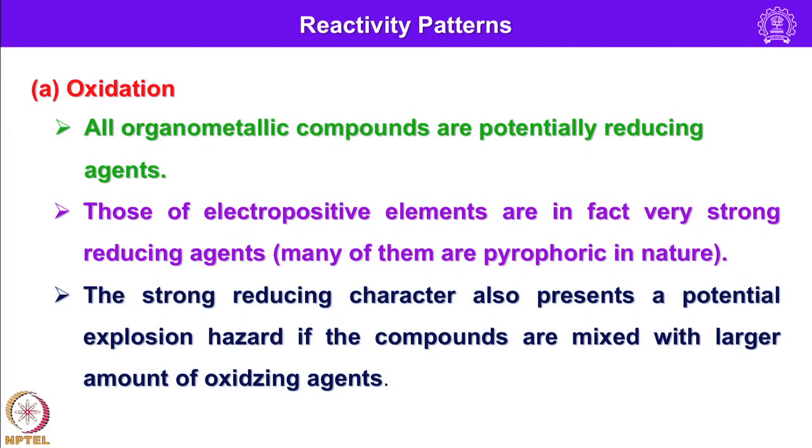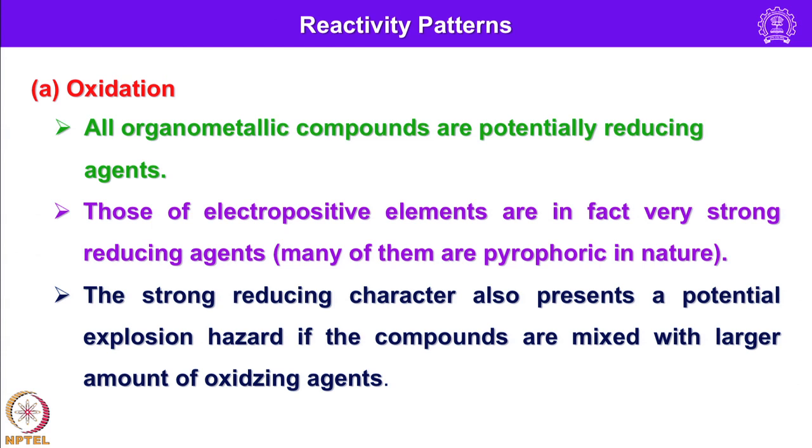So, let us look into these reactivity patterns by considering oxidation first. All organometallic compounds are potentially reducing agents. Those of electropositive elements are in fact very strong reducing agents and many of them are highly pyrophoric in nature.